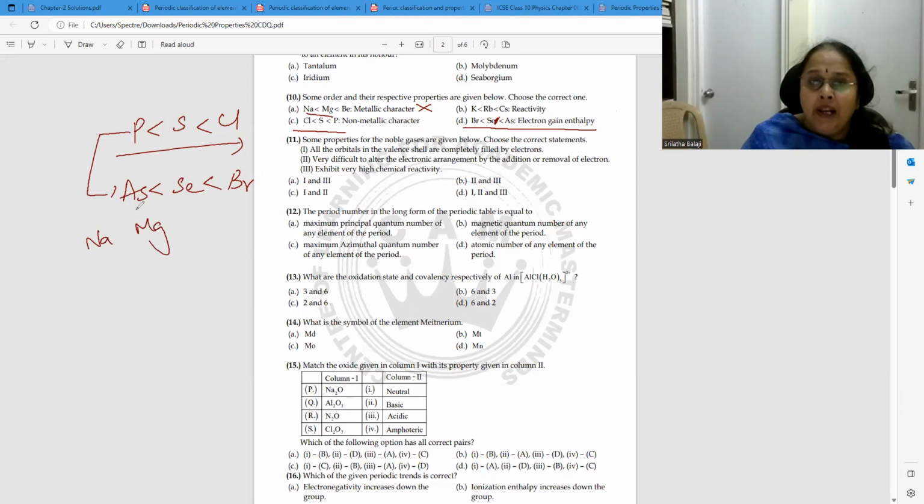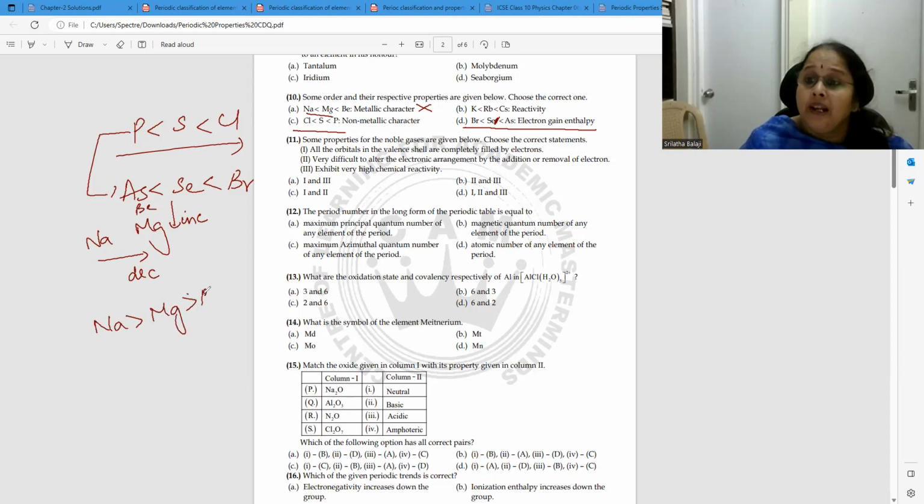Sodium, magnesium, beryllium. Look at the positions. Across the period, metallic character decreases. Down the group, metallic character increases. So which is most metallic? See this? It should be sodium greater than magnesium greater than beryllium.